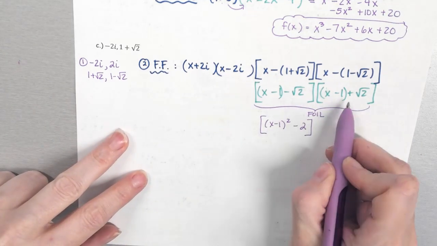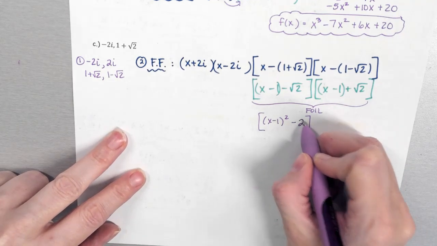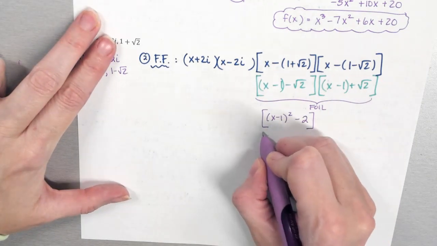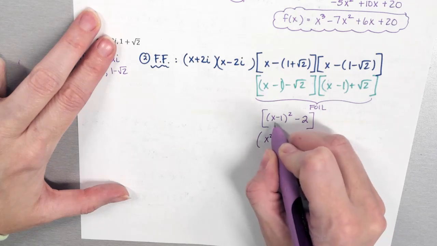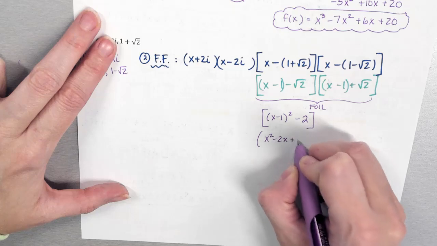Because root 2 times root 2 is like the square root of 4. When you have a negative times a positive, this is going to be a negative. Square root of 4, we know, simplifies to 2. So you can just think of it as root 2 times root 2 is 2. And then we're going to simplify this. X minus 1 squared, we actually did in the last one, so it's x squared minus 2x plus 1.